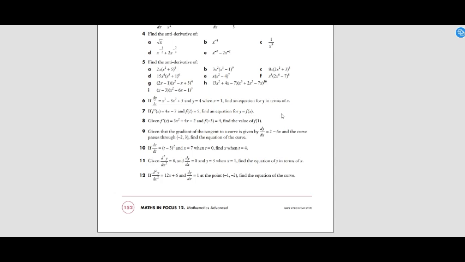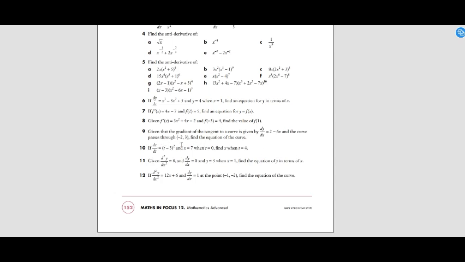Once you form the equation, find f of 1, so substitute x by 1, okay? So you can attempt 7 and 8. Once you've attempted it, if you have problems or questions, comment on it and I'll attempt it. It's not a big deal.